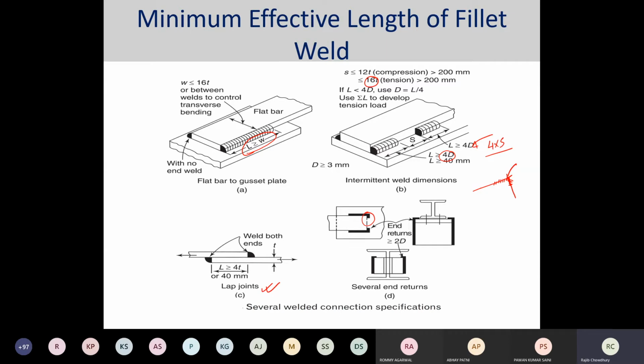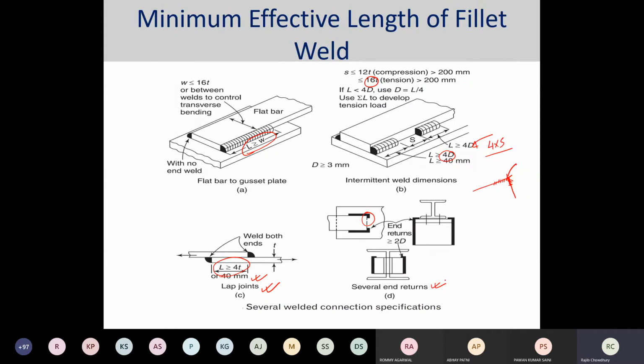The overlap of the two plates which are to be connected, let's say through a fillet weld in a lap joint situation, should not be less than 4 times the thickness of the thinner part, or 40 mm, whichever is less. And this is for the end return part, about which I already discussed the physical reasoning of why we require the end return.